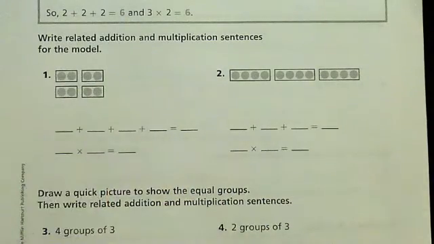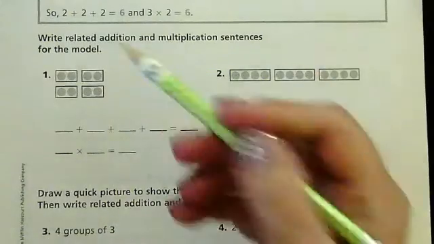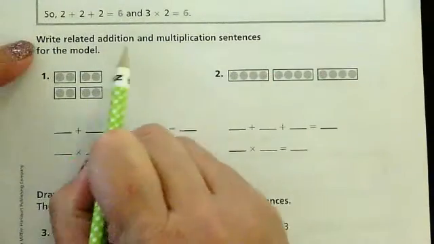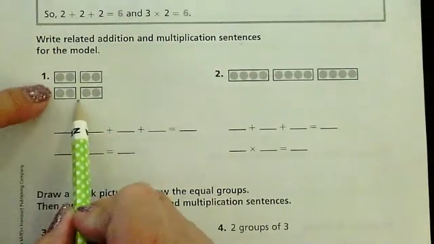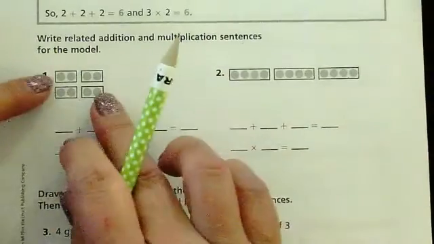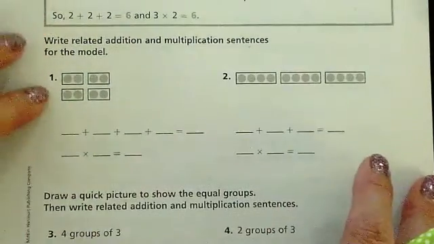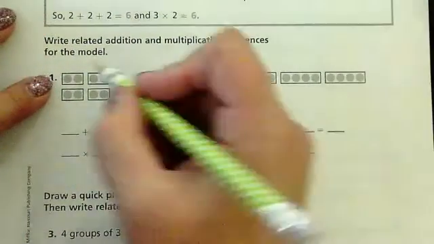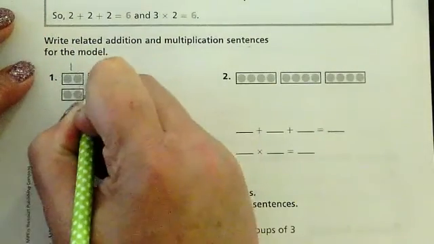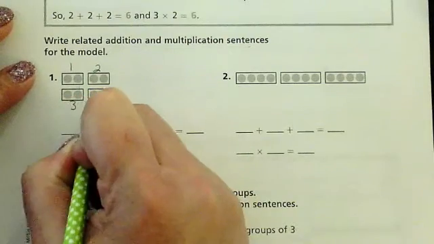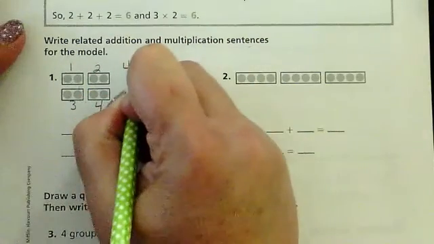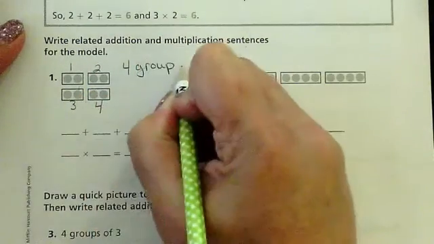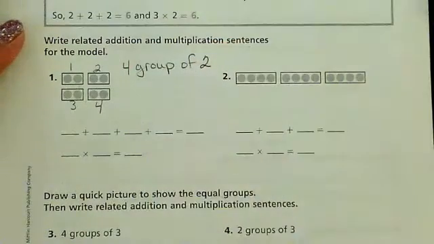So let's do a couple of them together. It says, write related addition and multiplication sentences for the model. So they've done the model on these examples. The model is already done for us. So I need to count it up. I have 1, 2, 3, 4 groups of 2 dots each, right?